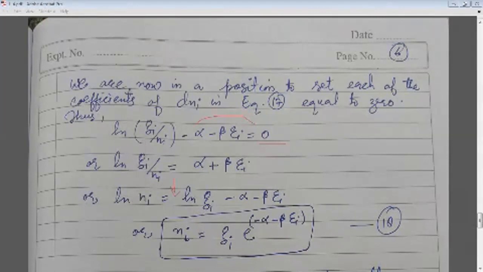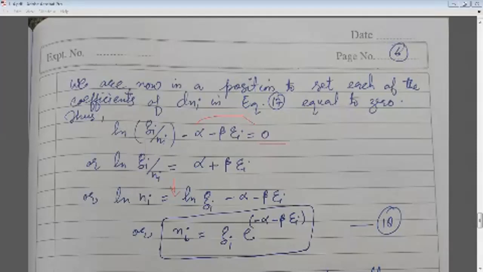So you can see that you will get this equation, then ln ni is equal to ln gi. We have done nothing, we have simply taken log of m upon log n, which will be equal to log of gi minus ln of ni. That means minus ln of ni will be equal to minus ln of gi, minus and minus will go, but for these two terms minus will be multiplied.